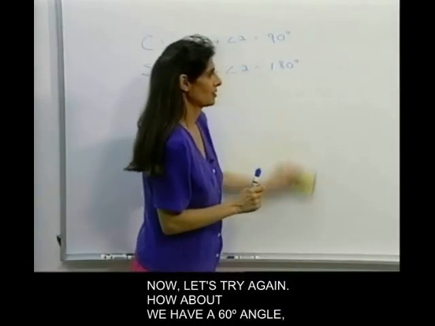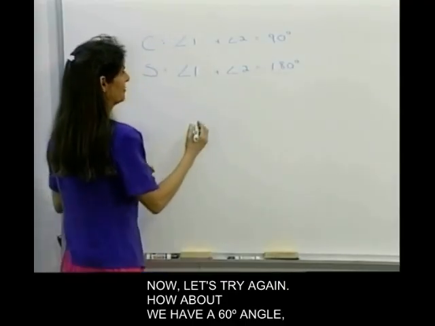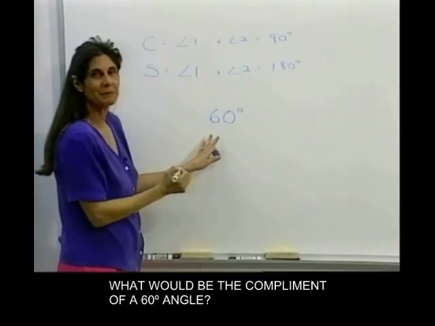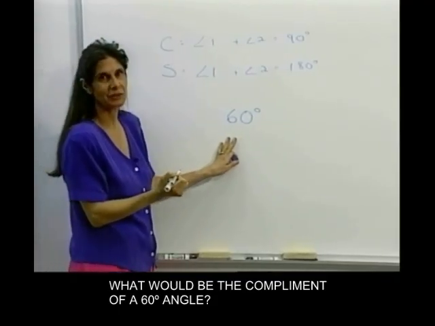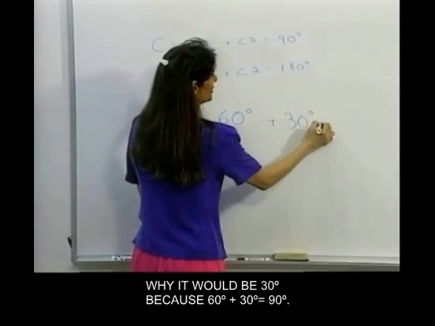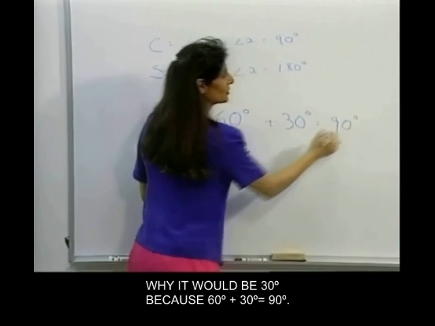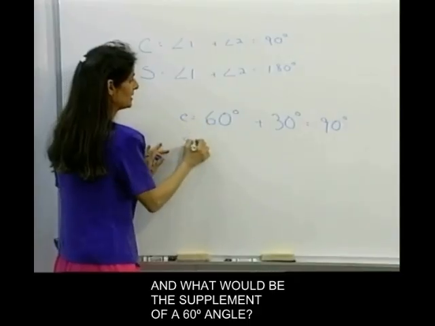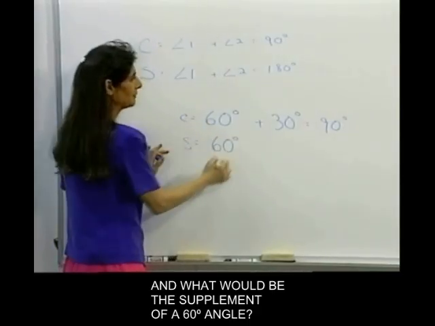Now, let's try again. How about we have a 60-degree angle? What would be the complement of a 60-degree angle? Why, it would be 30 degrees, because 60 plus 30 equals 90. And what would be the supplement of a 60-degree angle?